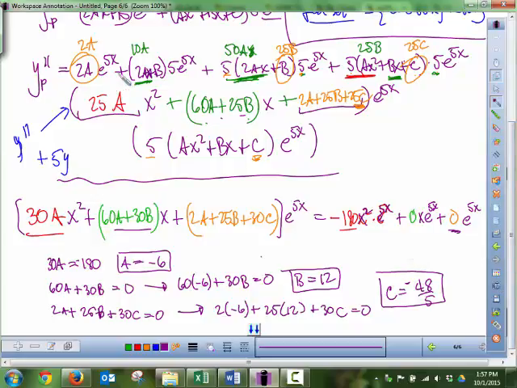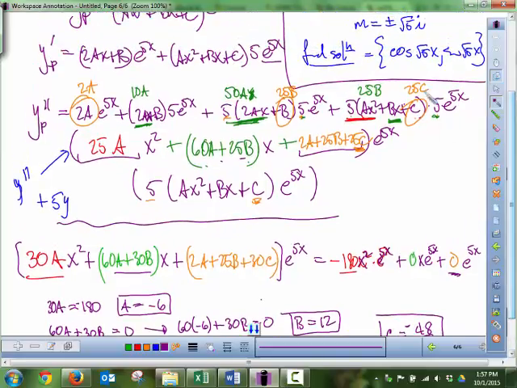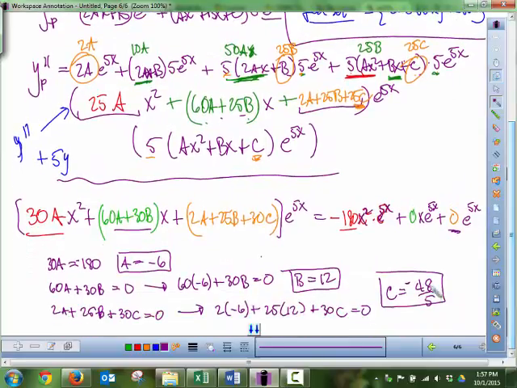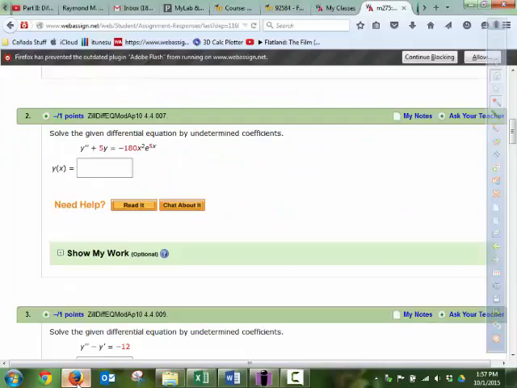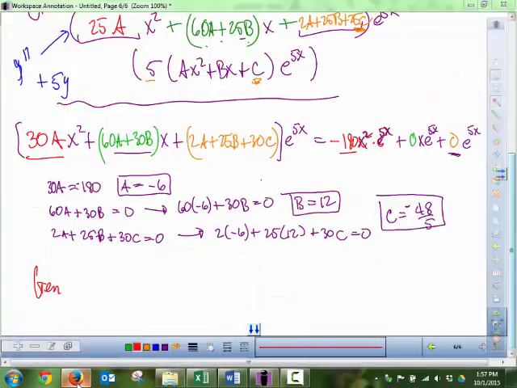We have our particular solution, and tacked along with our general solution, or your fundamental solution, we have our final answer. Are they looking for the general solution? Solve for it. So we want the general solution.